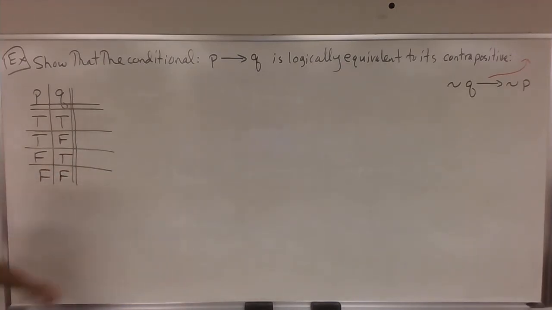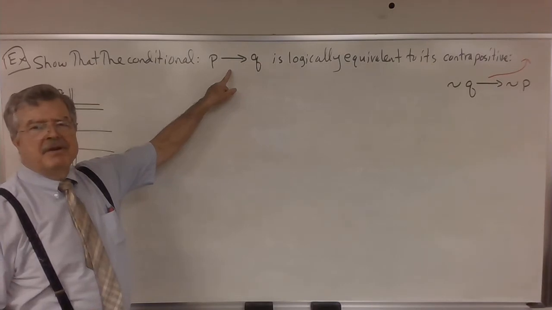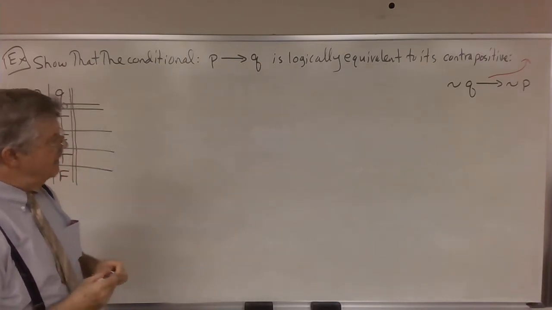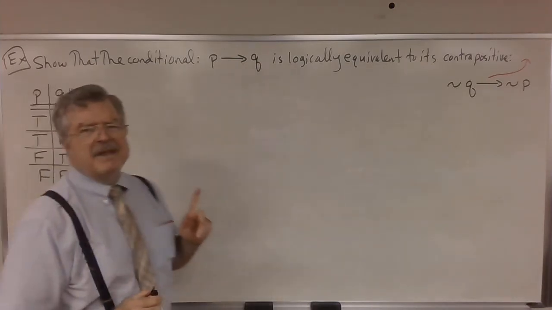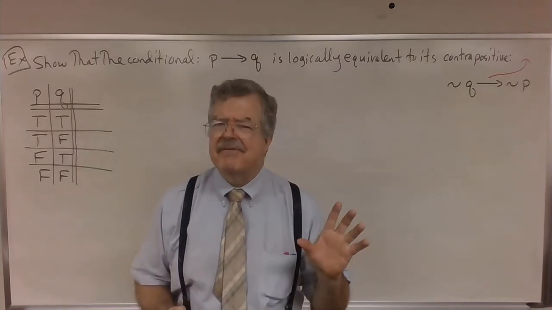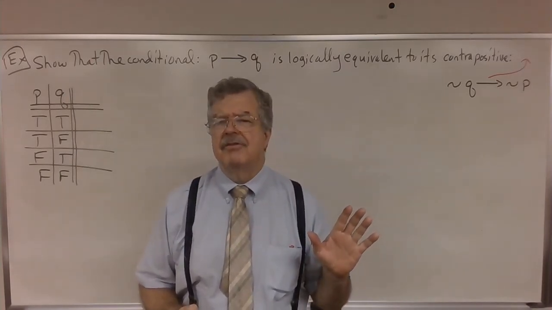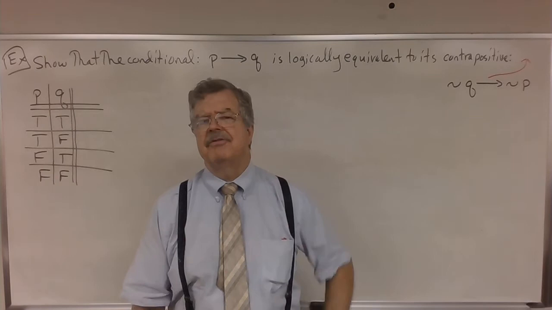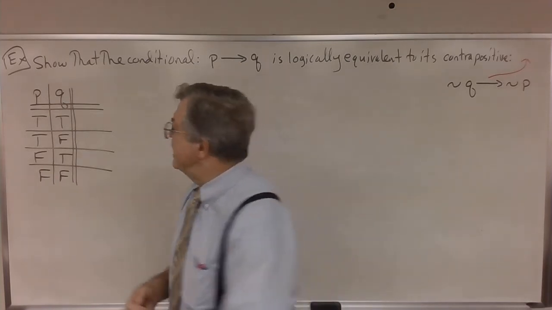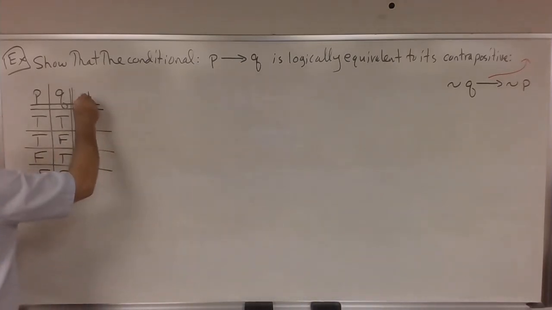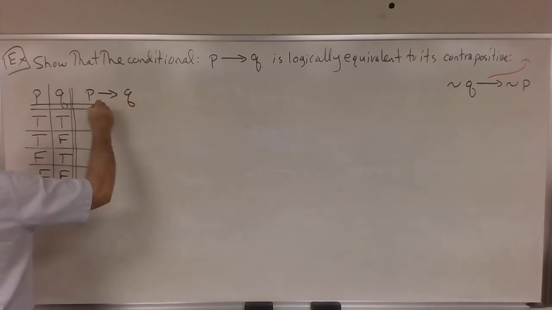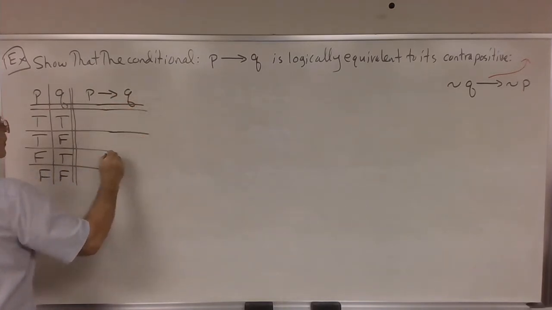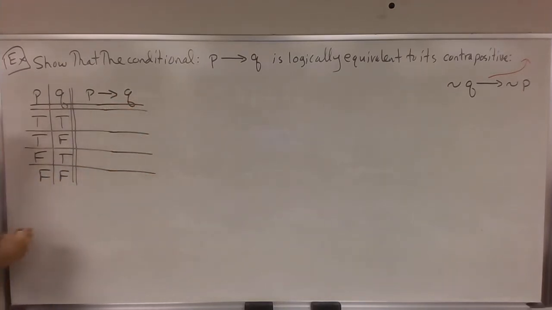And let's see, this is an if-then statement or an implication. When is the only time that an if-then statement is false? That's the special case, right? The special case with an if-then statement is the one case in which it's false.